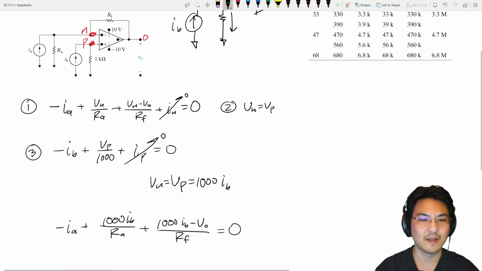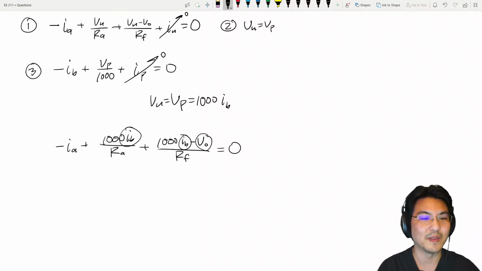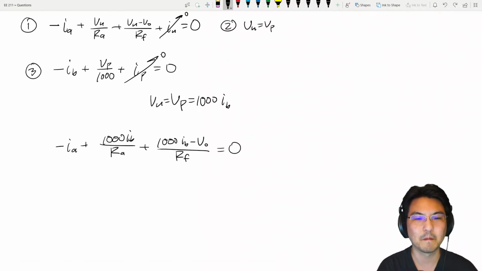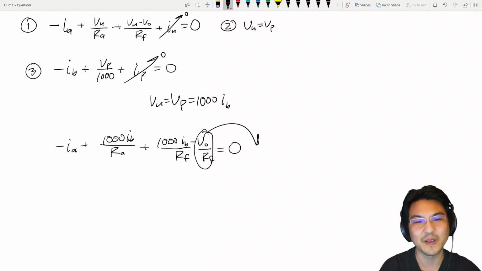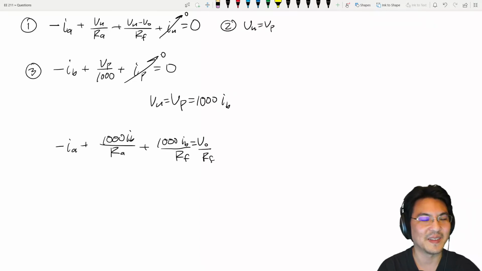Okay. And here we have V out as a function of my input currents. So let me just kind of clean this up a little bit. Let me split this up. There. Okay, and then I can move this on this side of the equation. There. Right, and then multiply everything by Rf.